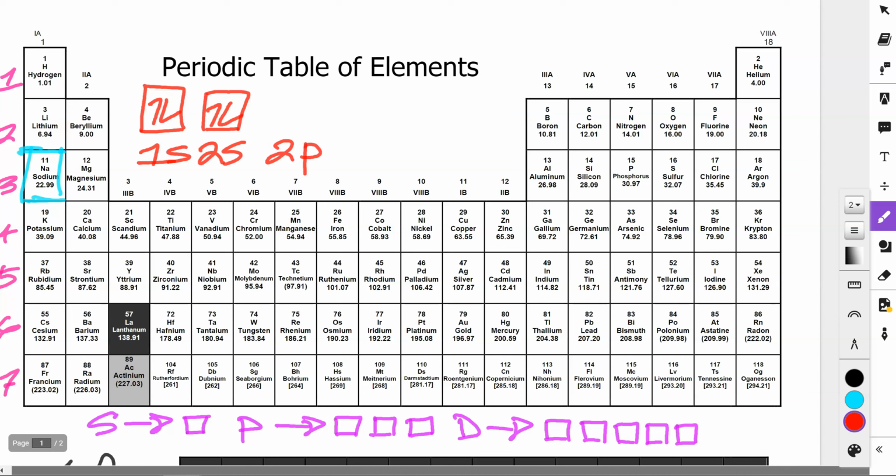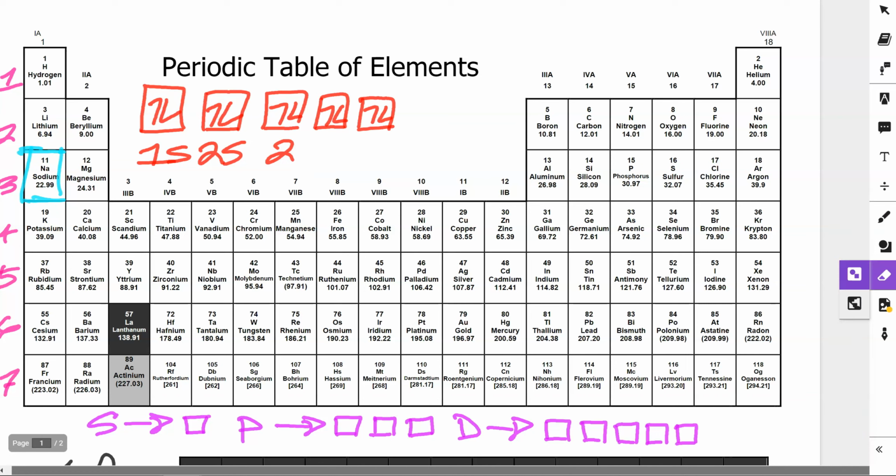Then you did 2P, and P gets the 3 boxes, and you would have gone boron, carbon, nitrogen, oxygen, fluorine, and neon. See, I added extra arrows because we're going farther, and so I added in the extra arrows.